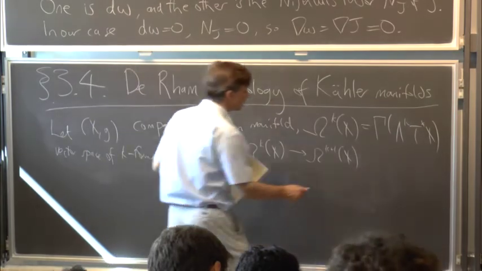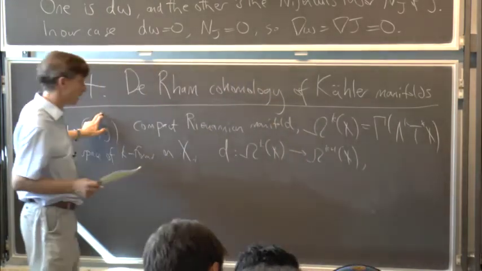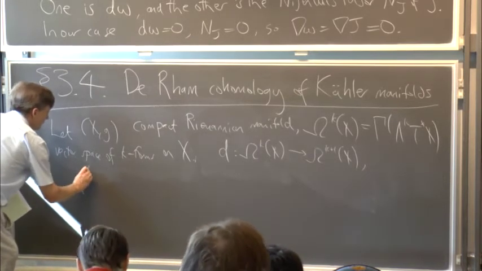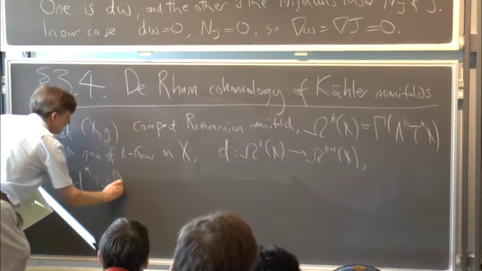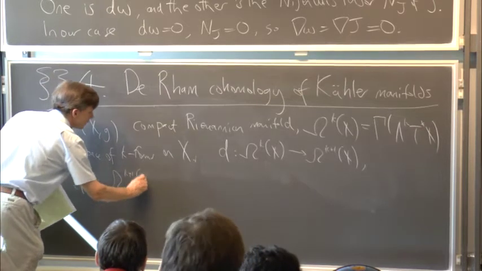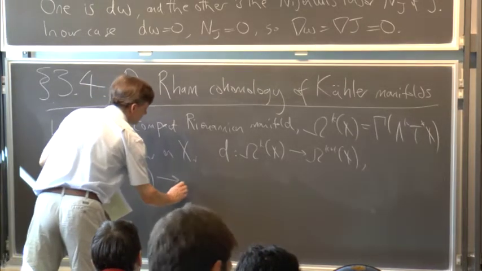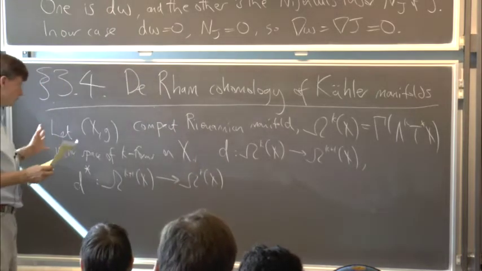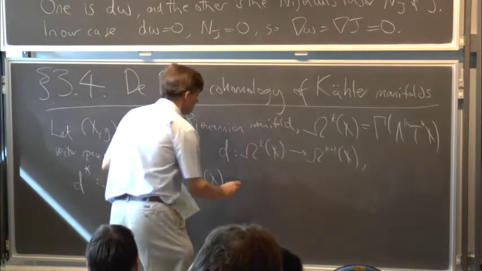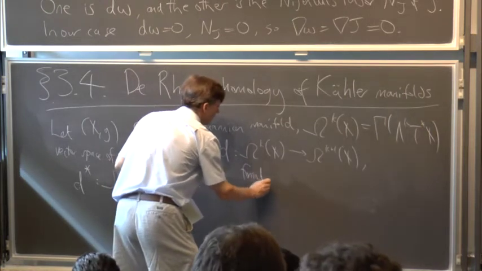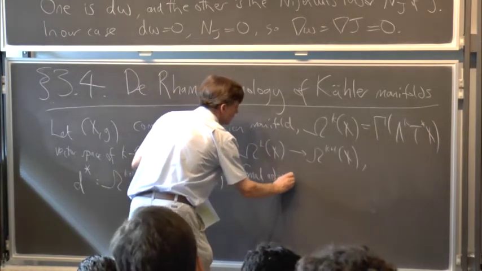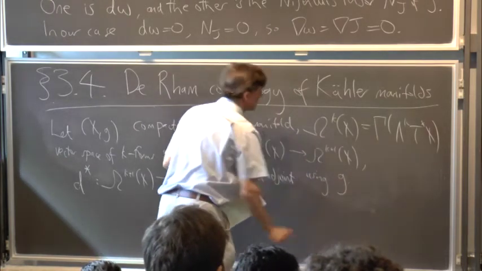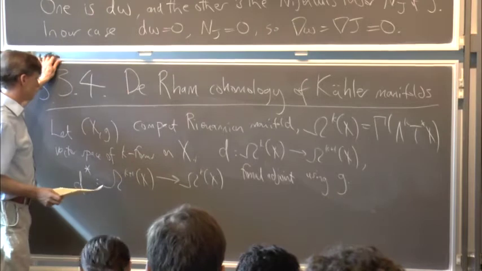Now, because we have a metric g on X, we can also form a map d* going from the (k+1)-forms on X back into the k-forms on X, what's called the formal adjoint using the metric g.